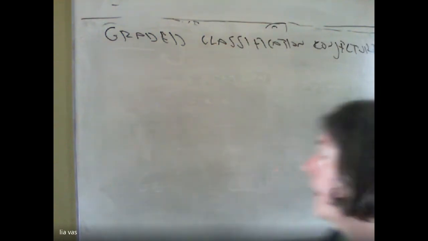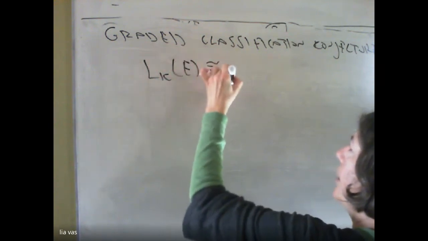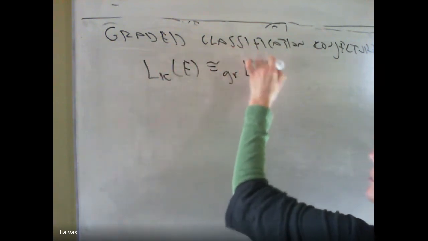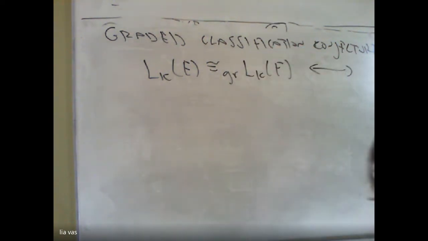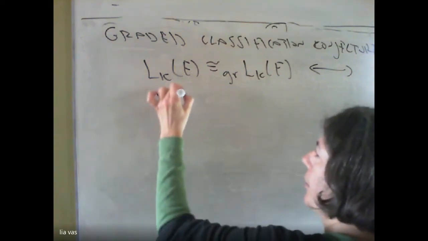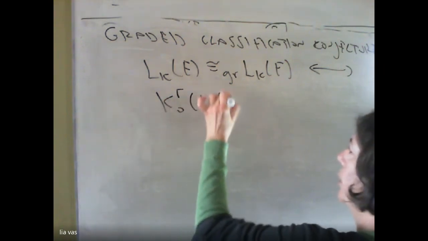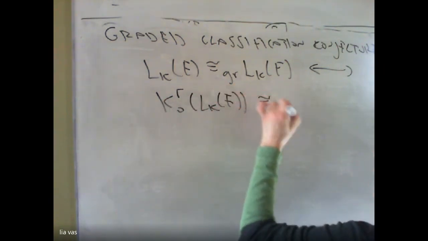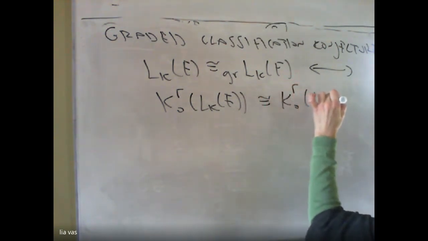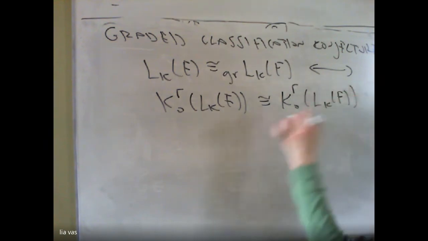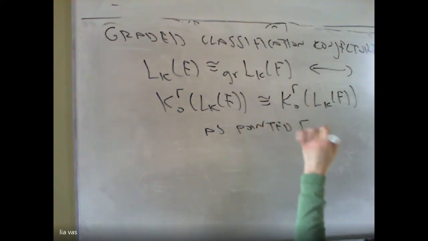So it is saying that Leavitt path algebras of two graphs are graded isomorphic if and only if this K0 enriched with grading, the graded version of the Grothendieck group, are isomorphic as pointed gamma groups.